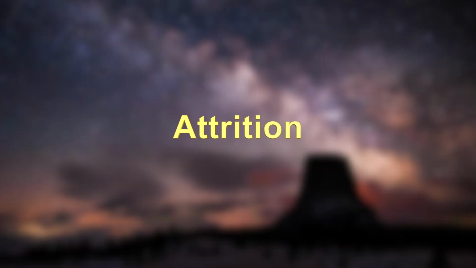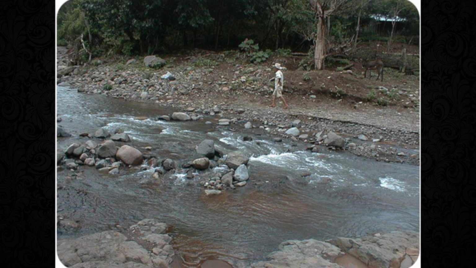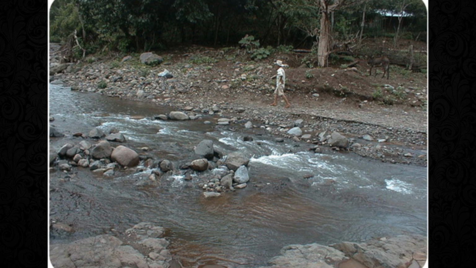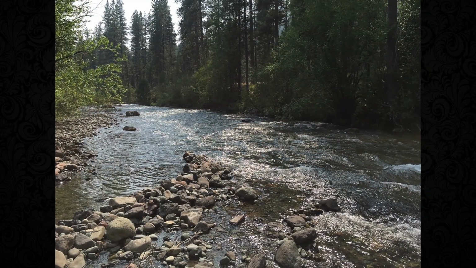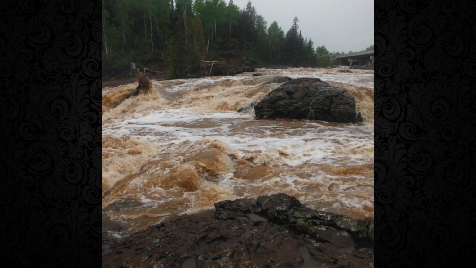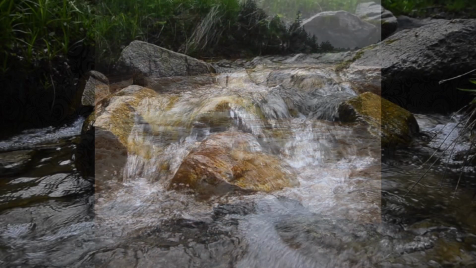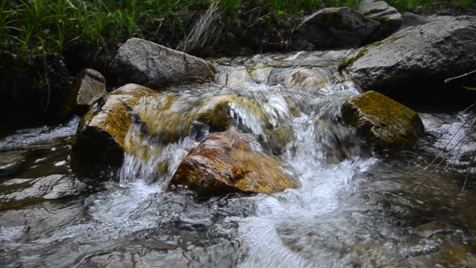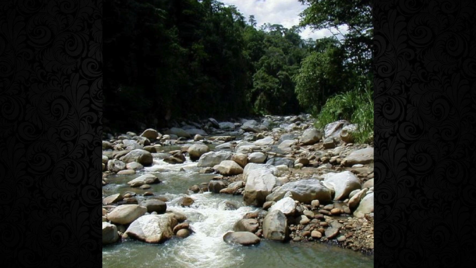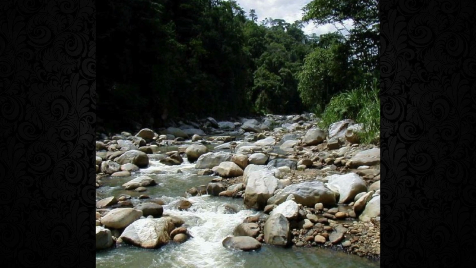Now, attrition as a process of river erosion. The rock fragments being transported by the flowing water also collide with each other and get disintegrated into smaller and smoother particles. The load of the river, such as rock boulders and pebbles, while moving with water, collides against each other and is thus fragmented into smaller pieces and finer materials during transit.